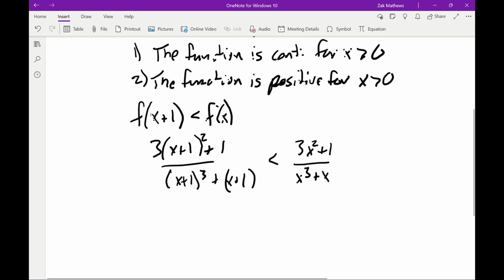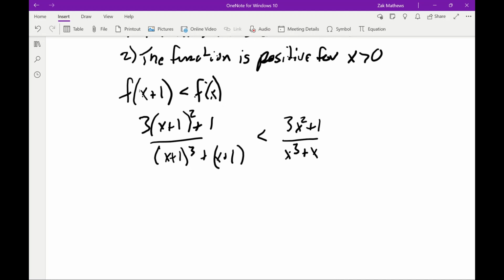So probably the easiest way to show increasing or decreasing is by taking a derivative. So let's take the derivative of f. Well, this will require that we use the quotient rule.